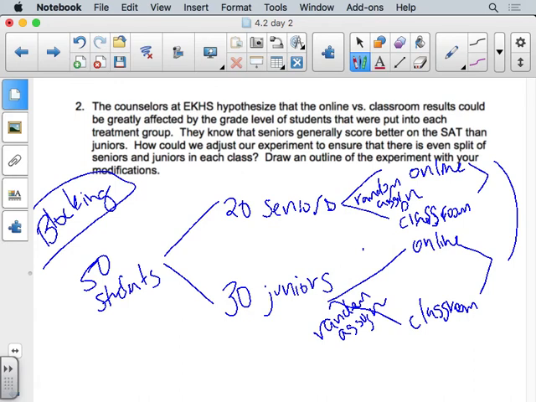My overall comparison could be that the seniors did better online, while the juniors actually scored better in the classroom. So in the end, I compare in the groupings individually, and then compare overall.